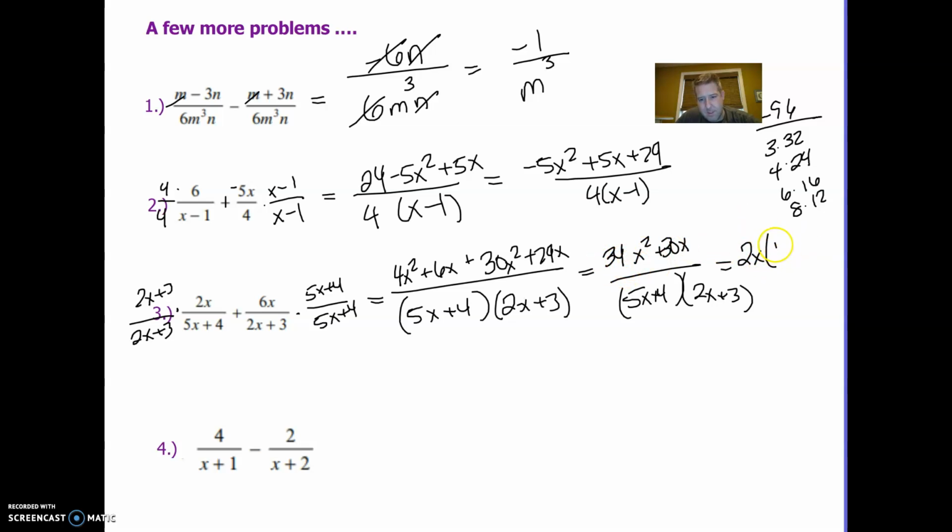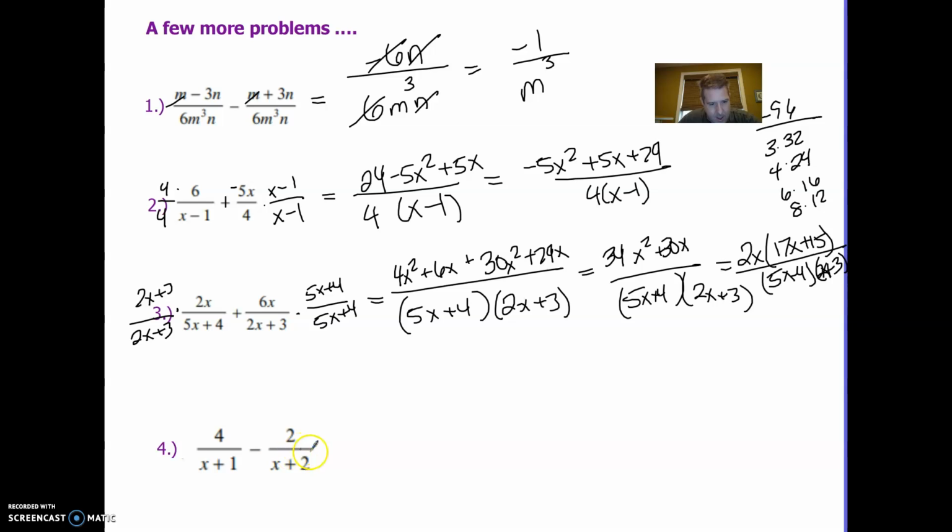This is going to become 17x, and this side's going to become 15. And I don't see myself being able to factor any more than that. So I think that's actually going to be it, and that's going to be the answer. That's 2x plus 3. I'm just trying to copy it with my limited amount of room. All right, so I'm going to move on to the next one.